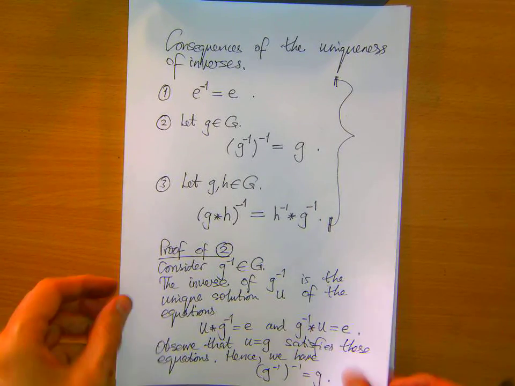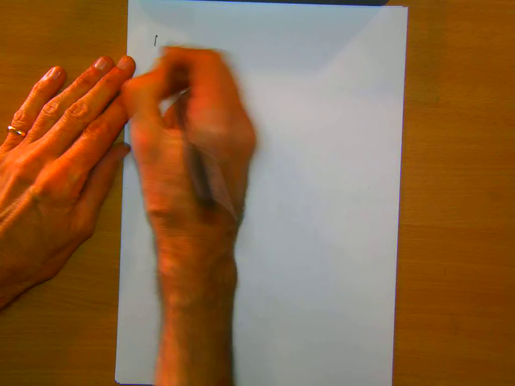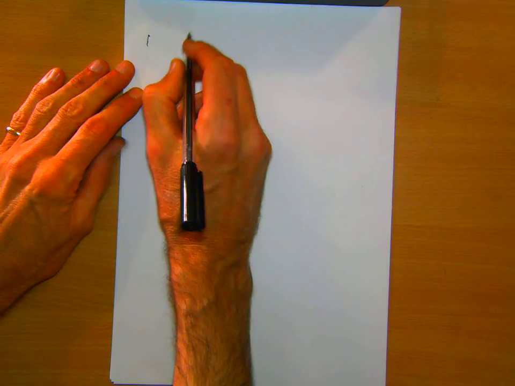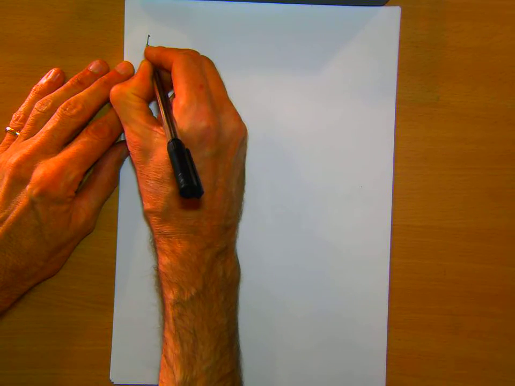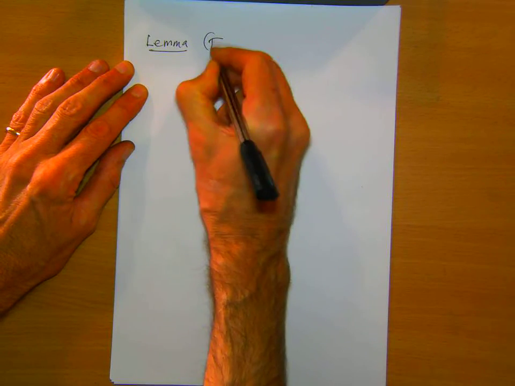And I now want to mention another property that we use all the time, and this is usually called the cancellation lemma.